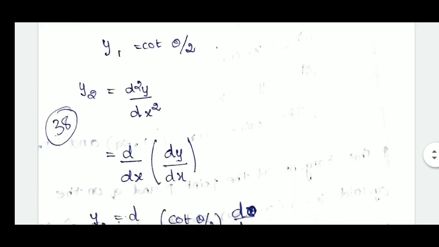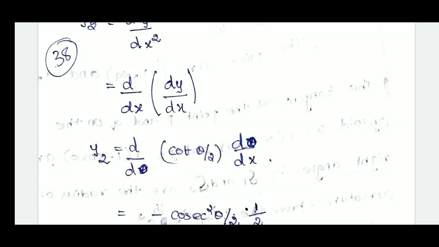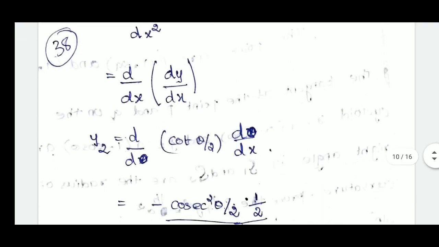Y2 equal to d square y by dx square. D square y by dx square can be written as d by dx of dy by dx. So y2, multiplying and dividing by d theta, we get d by d theta of, instead of dy by dx, we write cot theta by 2, into d theta by dx.